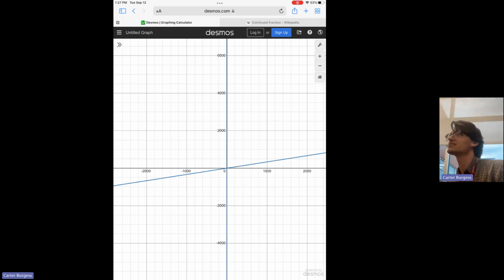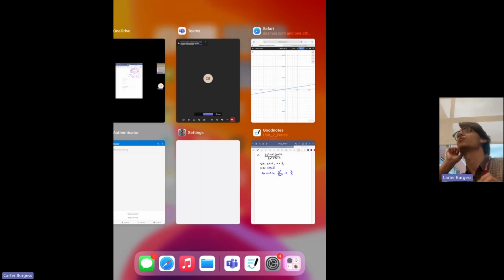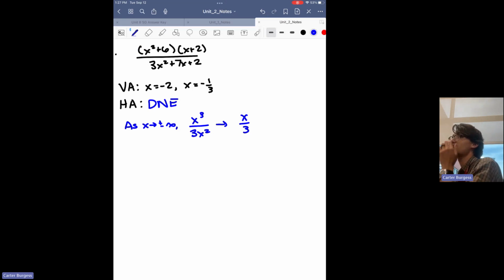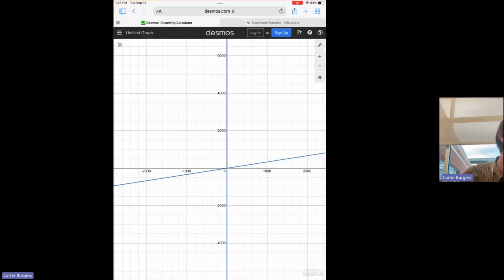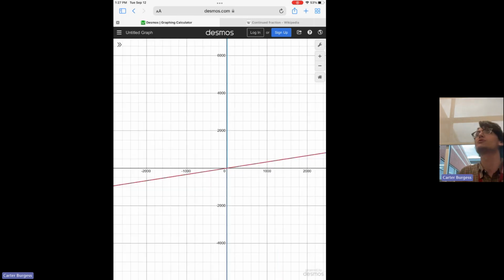If we had to guess the slope of our line from what we looked at when we were trying to figure out if there was a horizontal asymptote, does anyone have a guess for what that would be? 1/3 would be a really good guess. And in fact, what we are going to see is that if we use y equals x over 3, but you could think of this as 1/3 times x, then notice that our red line almost completely overlaps what our function becomes.